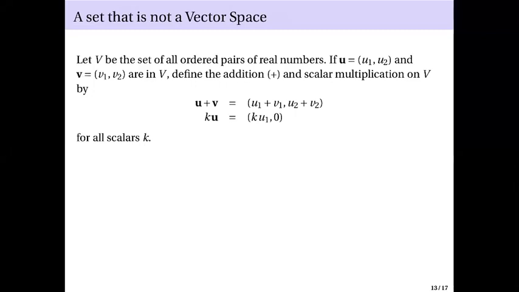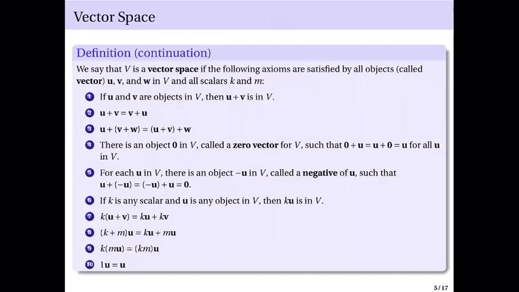For this, we will see that the set containing all ordered pairs of real numbers, with addition and scalar multiplication given by these two here, is not a vector space, meaning at least one of the axioms that we have listed in this slide is not satisfied.